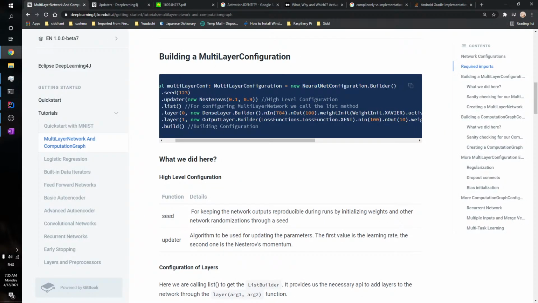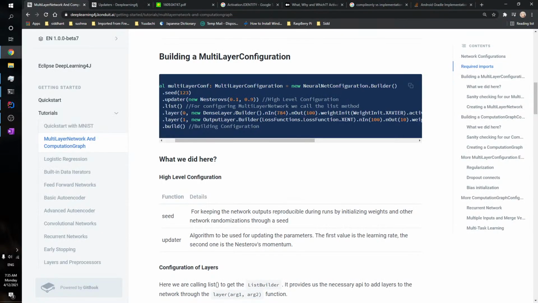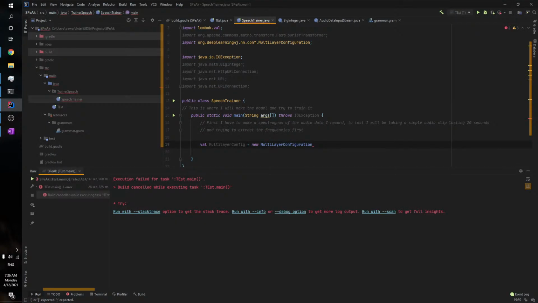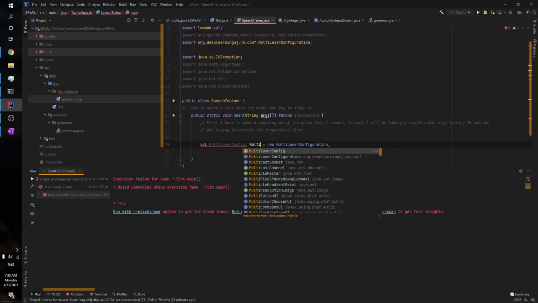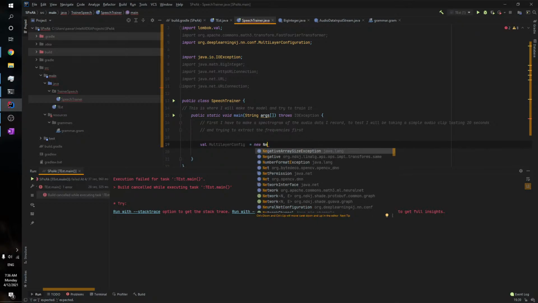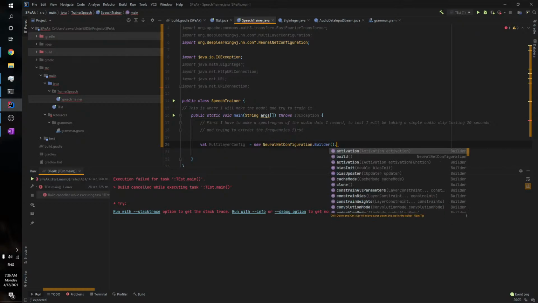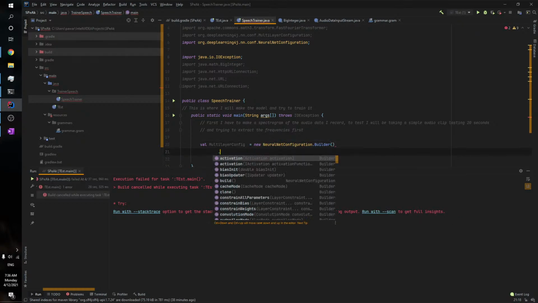Neural net. Okay. So we have multi-layer configuration. Okay, wait. What's going on here? Sad. Get builder dot.